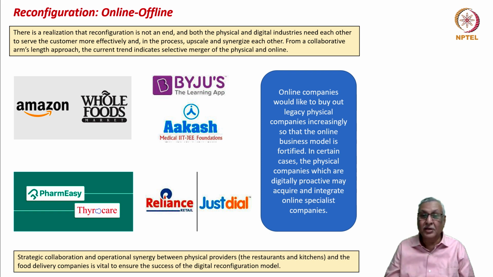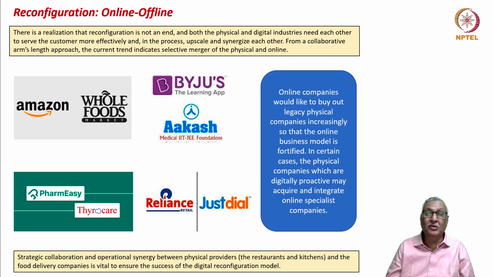Is Lenskart an online company or an offline company? It is a hybrid company. It has got facilities all across the country like any other optical company, but they have a digital backbone. They have a centralized model of manufacturing lenses, frames, and assembling them and sending them all across India.